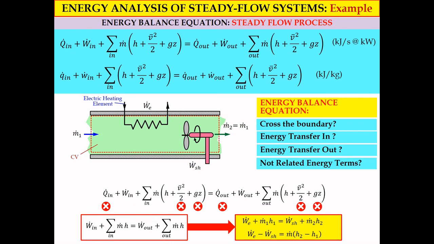So rearrange the equation. So we have the final energy balance equation for this specific system, where W dot E minus W dot shaft, the rate of shaft work, equal to M dot multiplied by H2 minus H1. Okay, so this is how we implement the energy balance equation to the specific system.